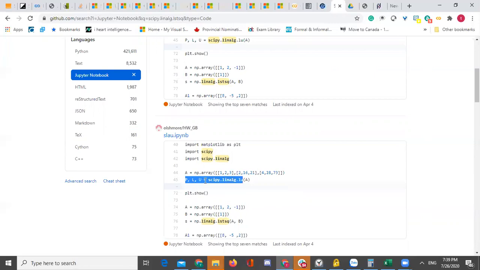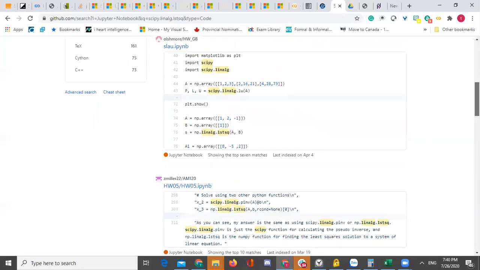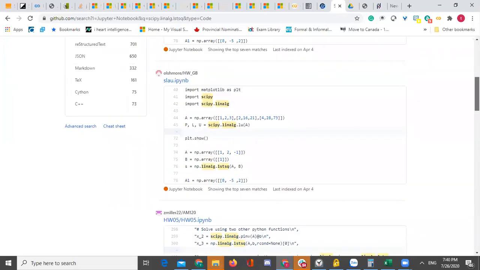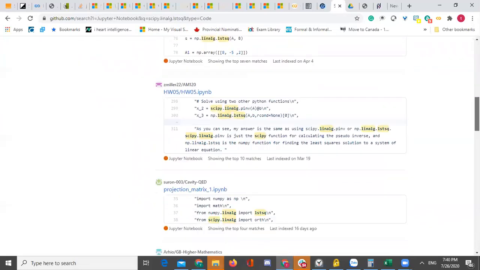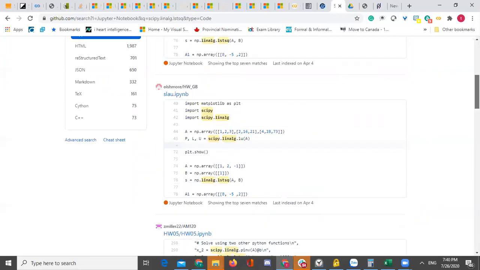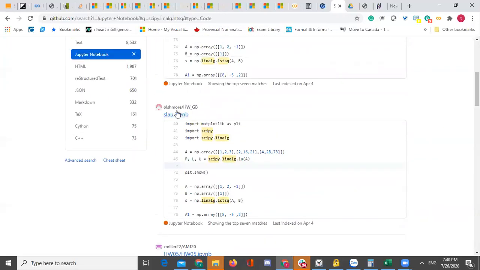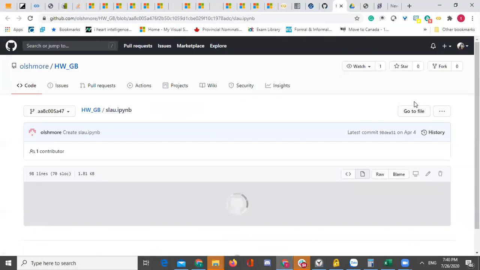Linalg.lu, I don't know what this function does. I'm looking for what the function is doing.